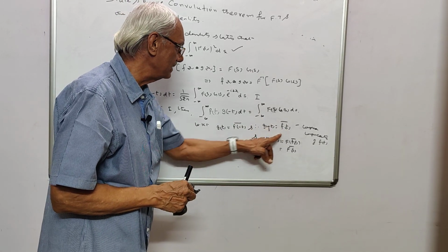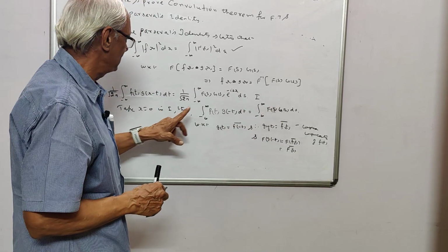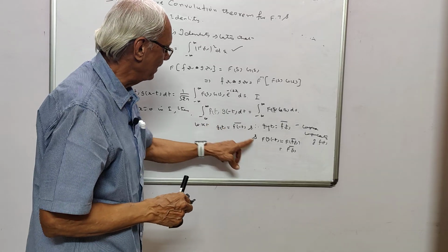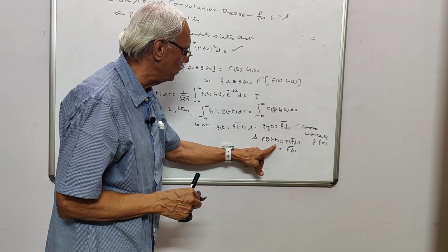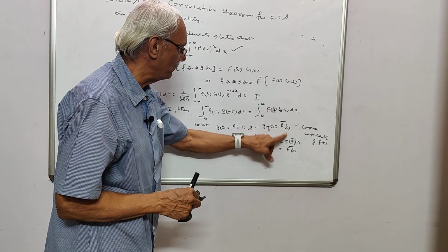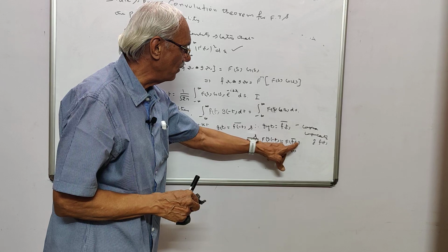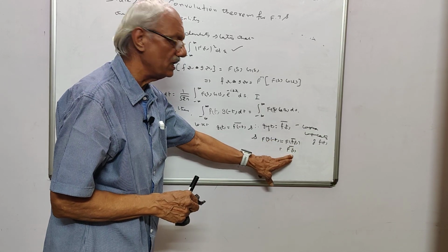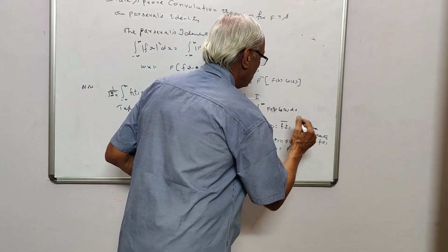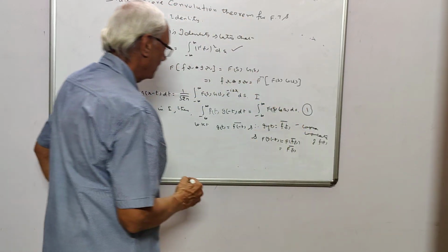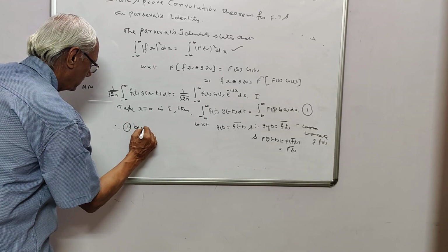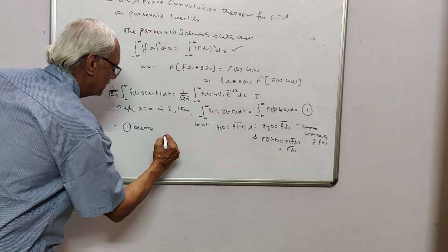Now you see that this g of s is nothing but the Fourier transform of this. Therefore, applying F on both sides, F of g of minus t will be equal to F of t conjugate, so this is the conjugate of f of s. Now substituting in 1, what does it become?